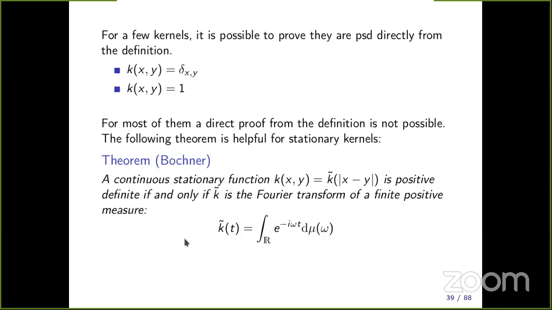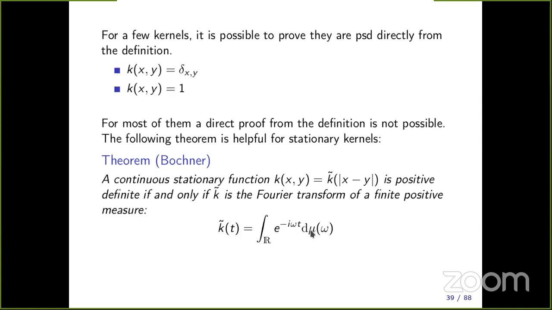So there's a very interesting result for stationary covariance functions: if a function is stationary, so we can write it just as a function of one variable, that is the distance between the two, it will be positive semi-definite if it is the Fourier transform of a positive measure.